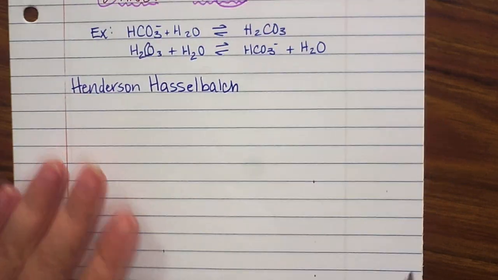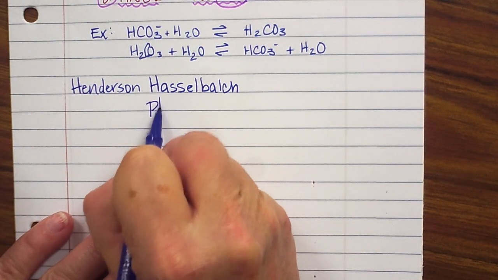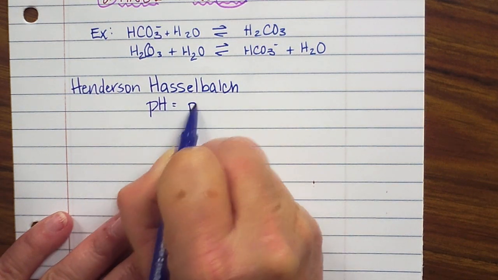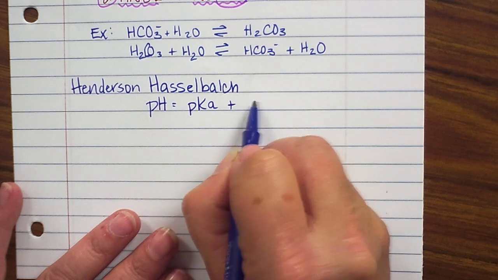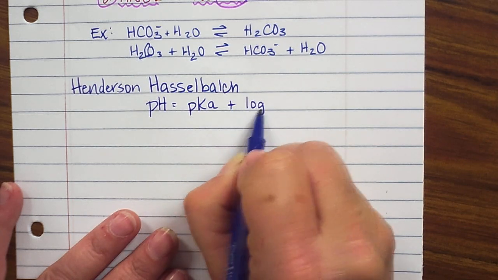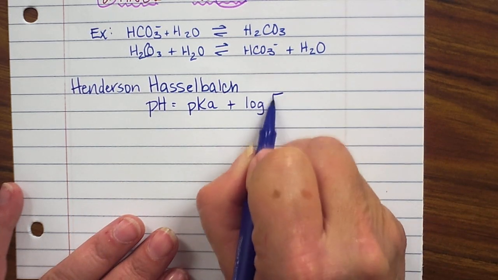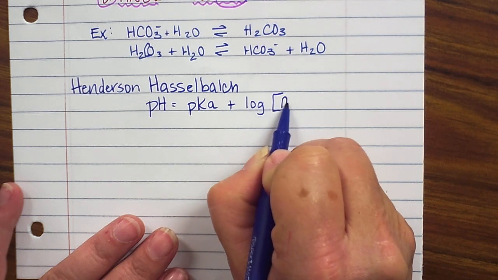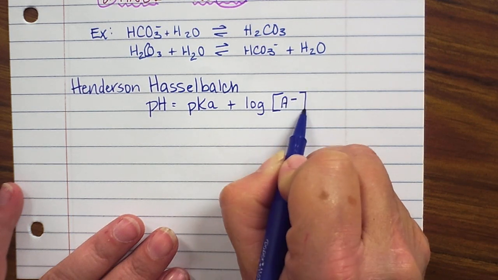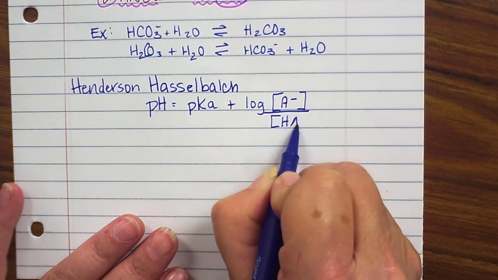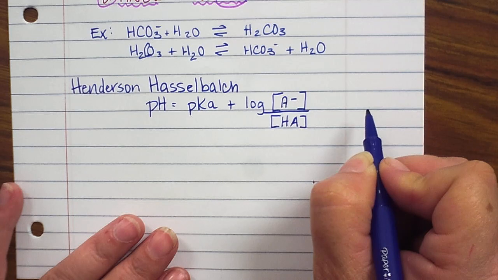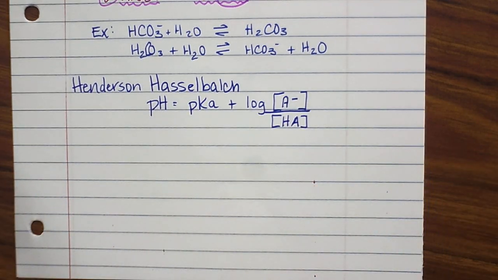So here is the equation. pH is equal to pKa plus the log of the conjugate base over the initial acid. Now, a couple things to know about this equation which make it super easy to use.